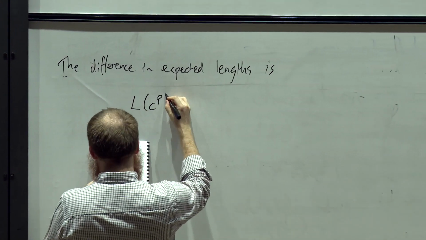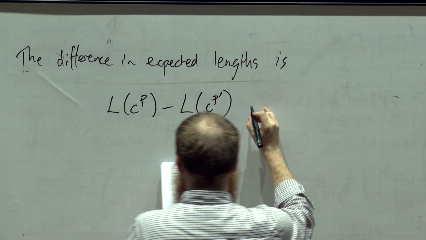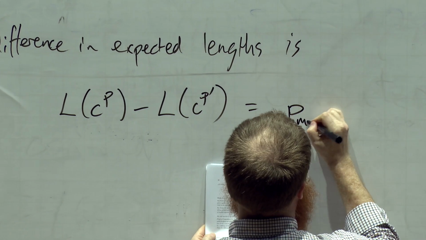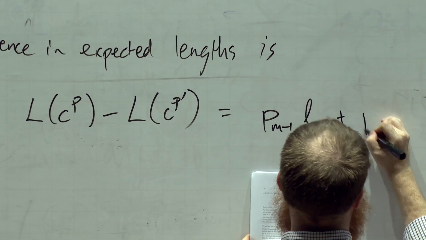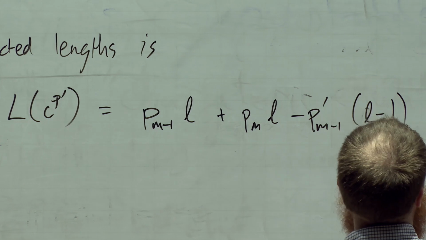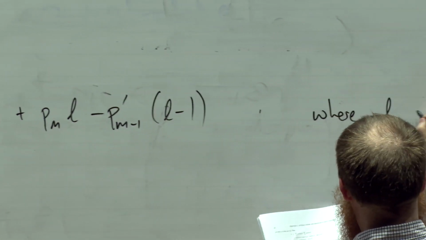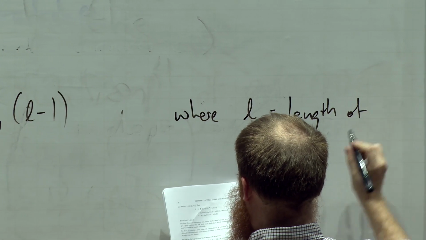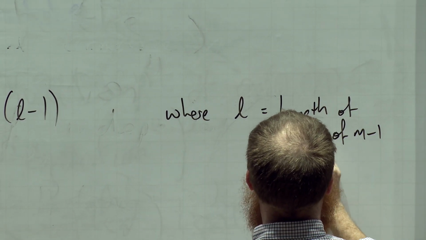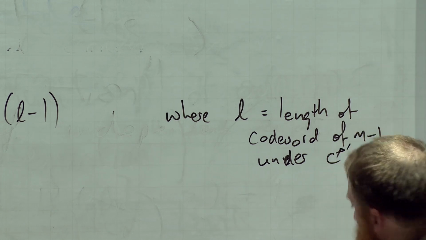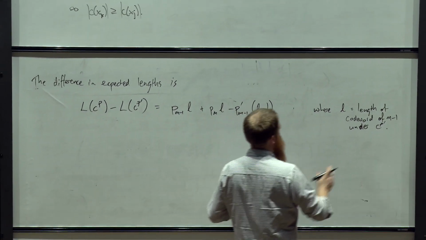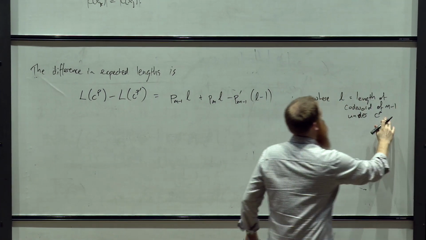So length of Cp minus the length of Cp prime is equal to p m minus 1 l plus pm l minus p prime m minus 1 l minus 1, where l is the length of code word of m minus 1 under Cp, sorry, the Cp, I should say.